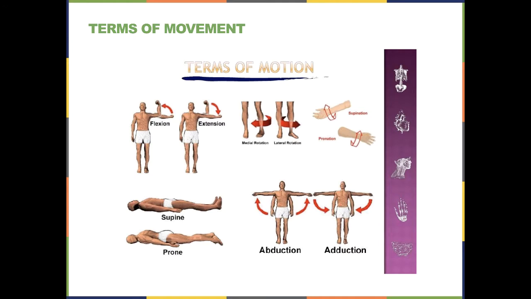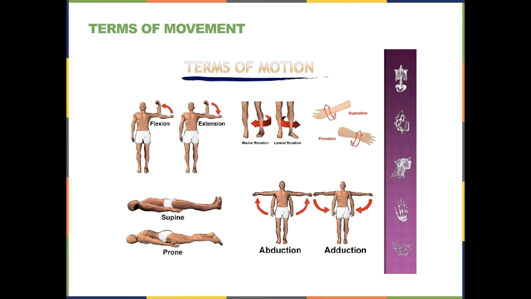When you flex a joint, in the anatomical position, you're generally moving the limb toward the center of the person. So for example, here this person is flexing their arm. They're moving their forearm around the elbow toward the midline or toward the center of the person in the anatomical position. Extension, on the other hand, is the opposite.